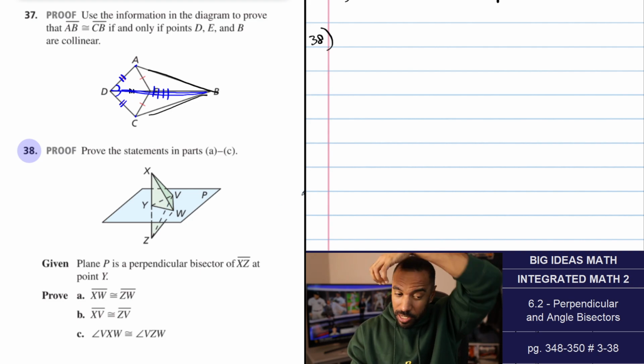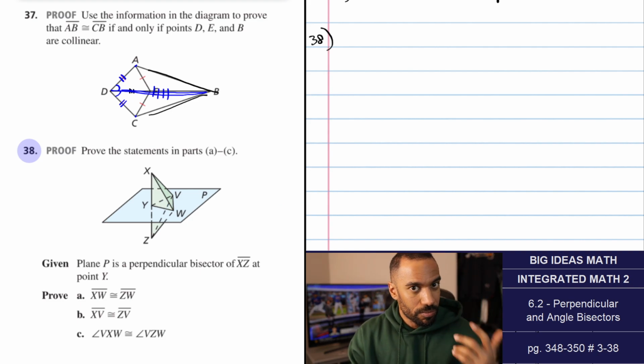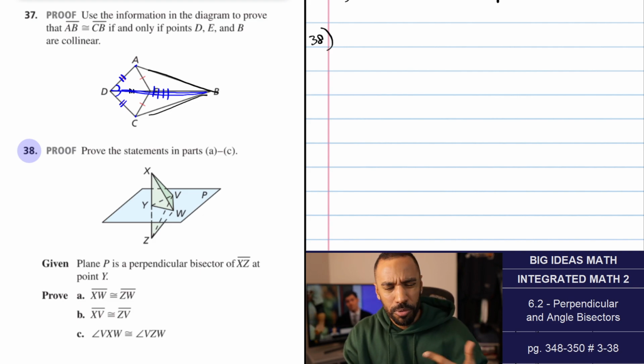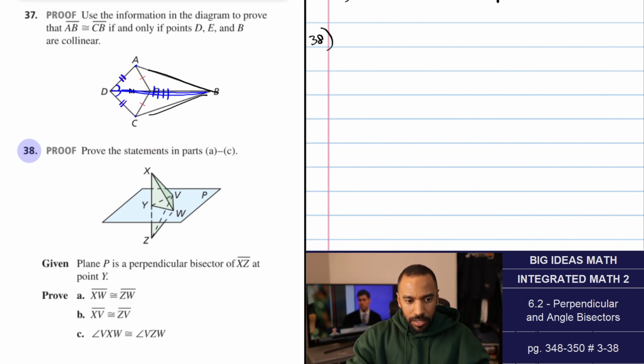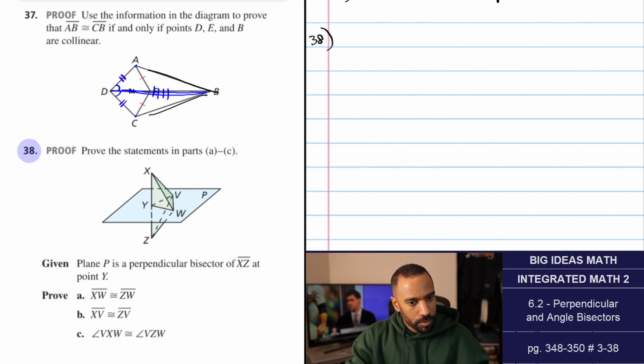And we can't use the perpendicular bisector theorem to prove it because that is using the theorem in the proof. You can't do that. And XV is perpendicular to ZV, and angle VXW, where is VXW? Right there is congruent to angle VZW.